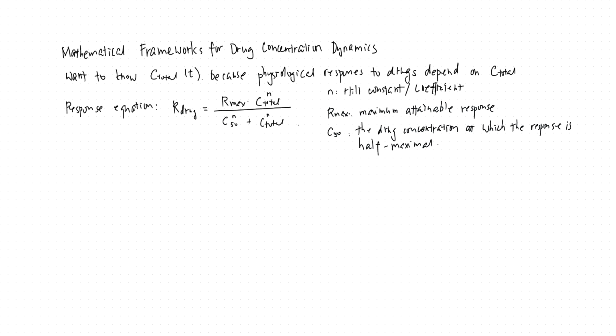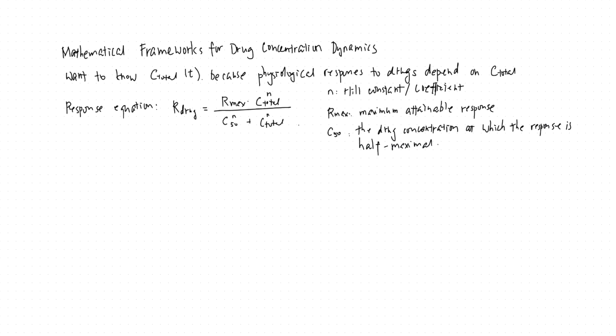The derivation of this model, we are not going to derive here. You can imagine that it's very similar to the Hill's equation setup when we discussed hemoglobin and oxygen. You can think of a drug as a ligand, and there is a receptor on the cell surface or cell membrane.